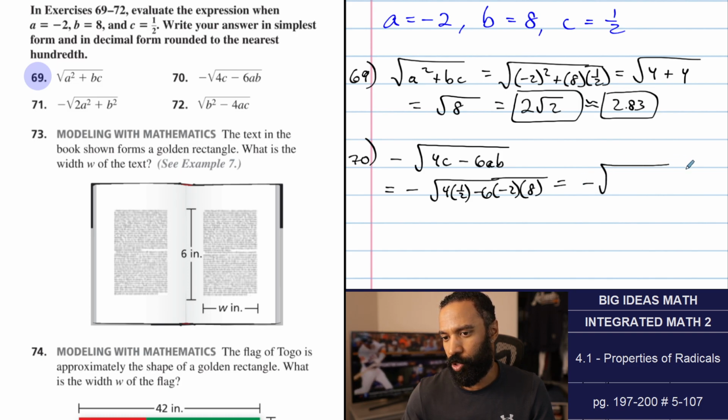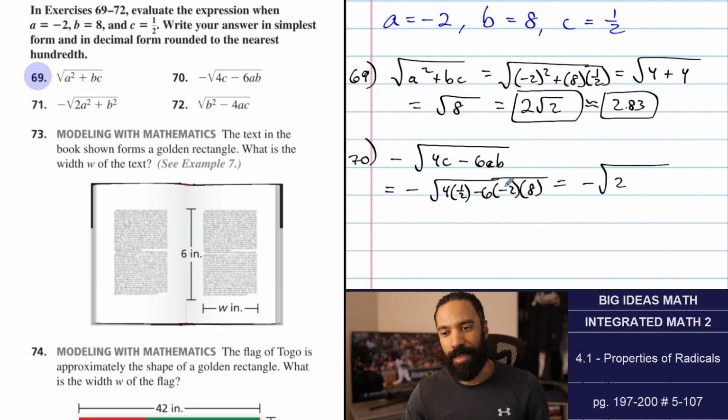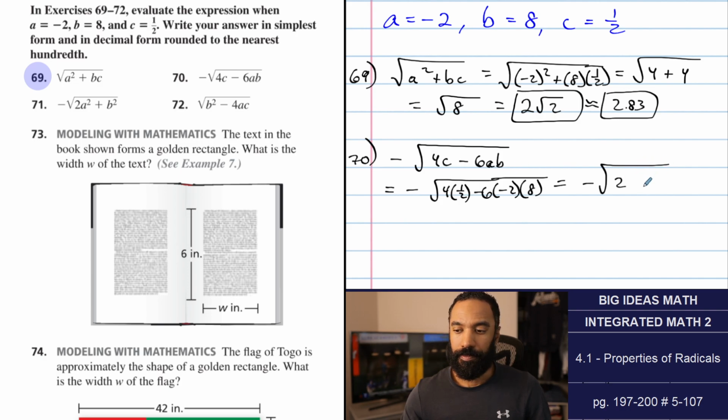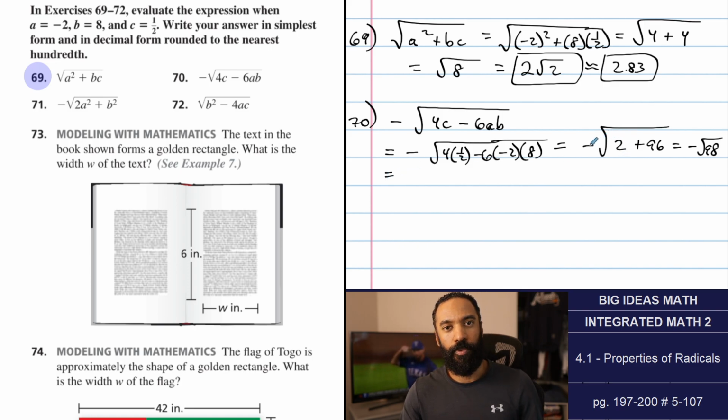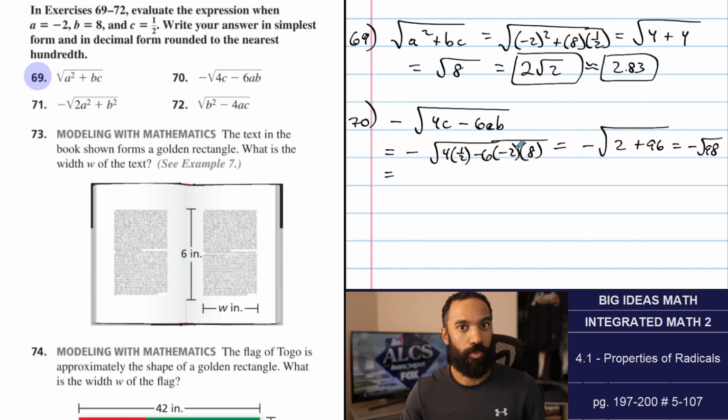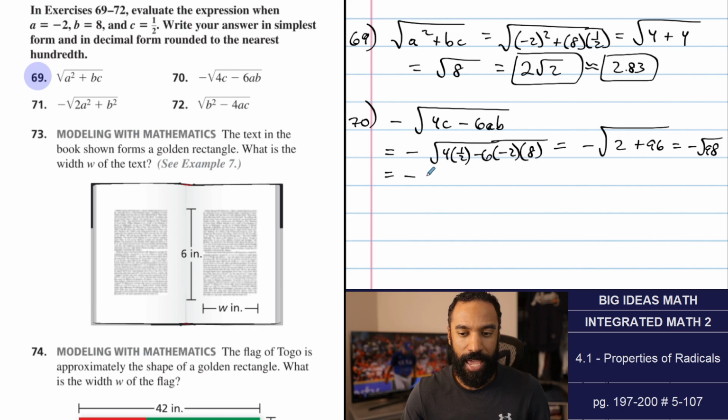So negative square root of 4 times 1/2 is 2. All right, I have negative 6 times negative 2, which is 12, positive 12, times 8 is 96. So plus 96. So negative square root of 98. Okay. 98 is 49 times 2. So root 49 is 7. So negative 7 root 2.